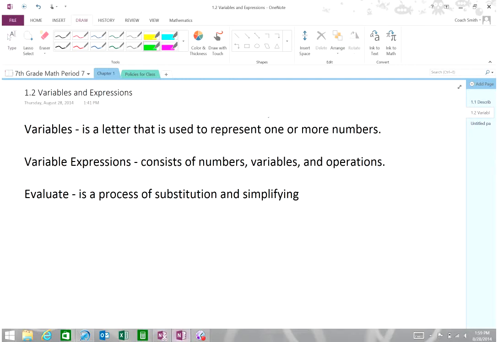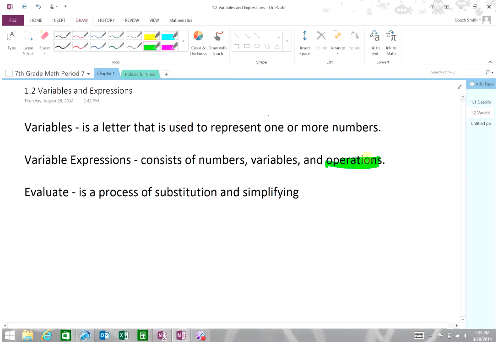So, as we talk about mathematical operations, that word operations means adding, you need to write this down, subtracting, multiplying, or dividing.